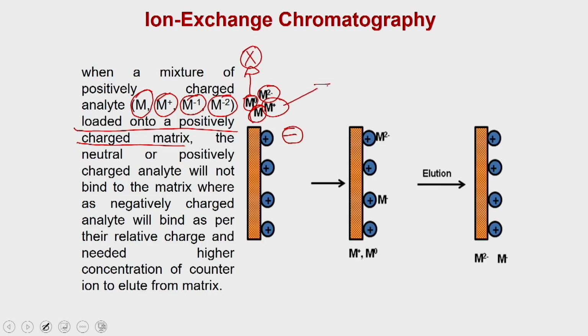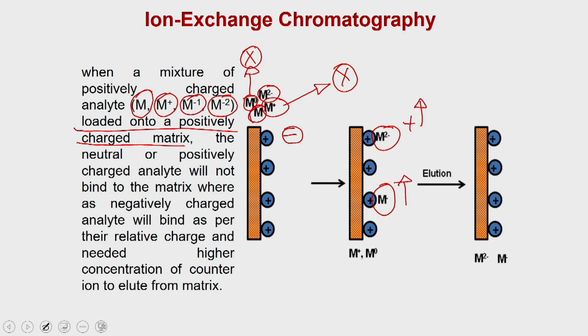M plus has the same charge, so it is going to repel from the matrix and also will not bind. What will bind is M2 minus as well as M minus, and the affinity for M2 minus is going to be more compared to M minus.